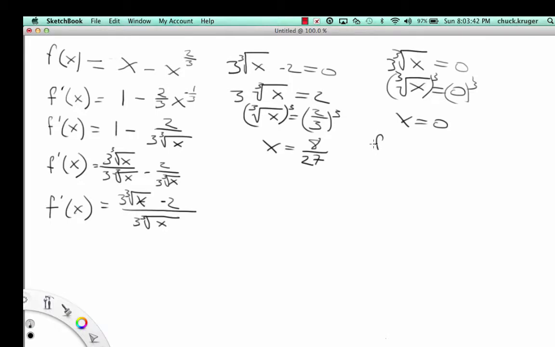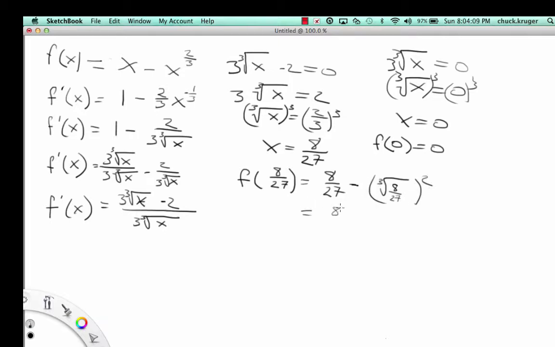So I have both of these values, and I'll figure out what the extrema are here. If I put 0 into f, I get 0. To figure out my y value for 8/27, I'll put 8/27 into this: 8/27 minus the cube root of 8/27 squared.